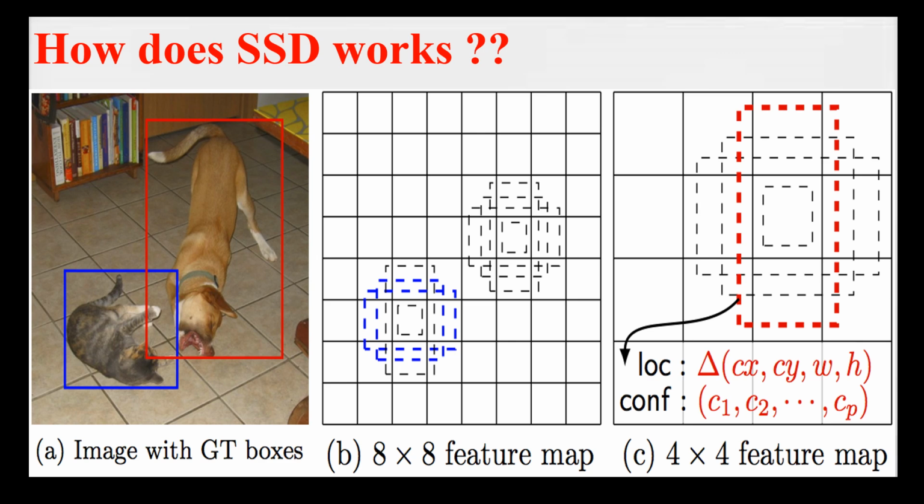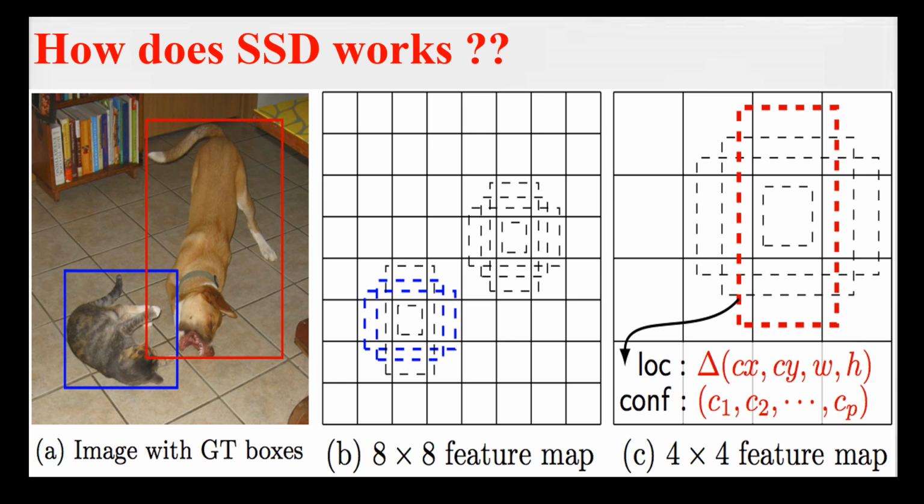Now how does this single shot detector basically work? So basically the single shot detector is based on the use of convolutional networks that produce multiple bounding boxes of various fixed sizes and scores for the presence of an object class instance in those boxes, followed by the non-maximal suppression step to produce the final detection. So here the SSD model works as follows.